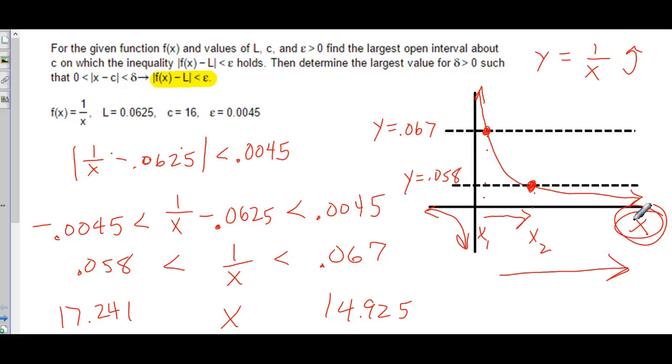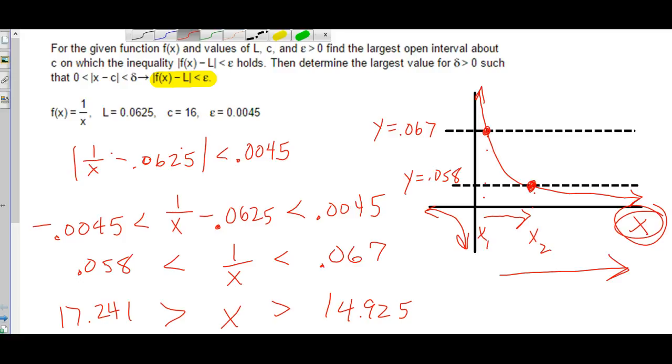So the x values have to get bigger for these y values to get smaller. This was a smaller x that produced that bigger y, and this was a bigger x that produced that smaller y, when we flip things around, because of the reciprocal nature of the function.